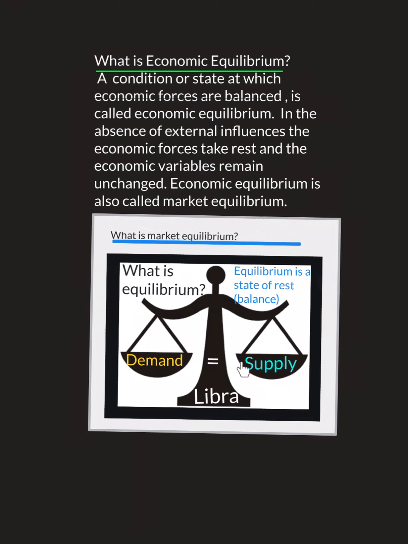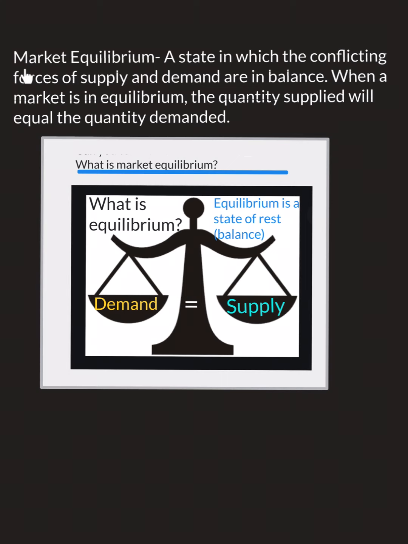That is, through demand and supply, the price and quantity are determined, and those price and quantity variables remain unchanged. So market equilibrium is a state in which the conflicting or opposite forces of supply and demand are in balance.